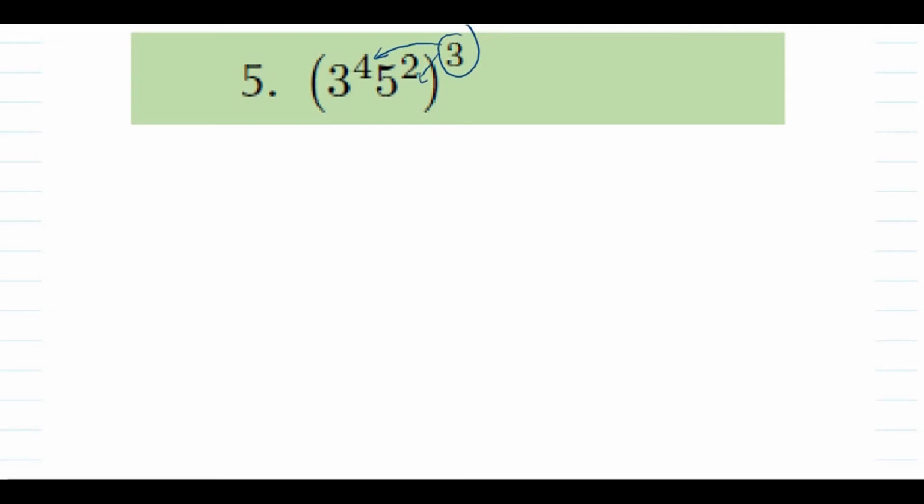So we can say it's going to be 3 to the power of 4 times 3, multiplied by 5 to the power of 2 times 3. Okay, we're going to simplify that further. 3 to the power of 4 times 3. 4 times 3 is equal to 12. So it's 3 to the power of 12 multiplied by 2 times 3 is 6, right?